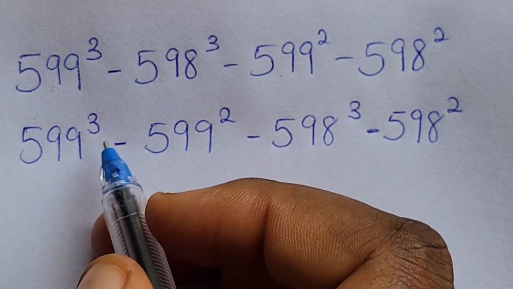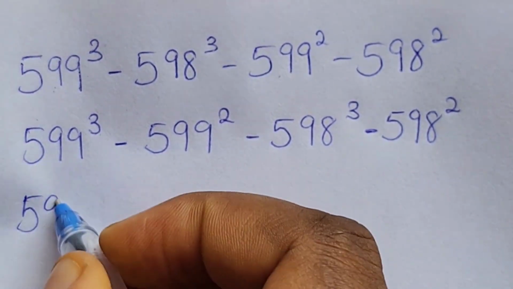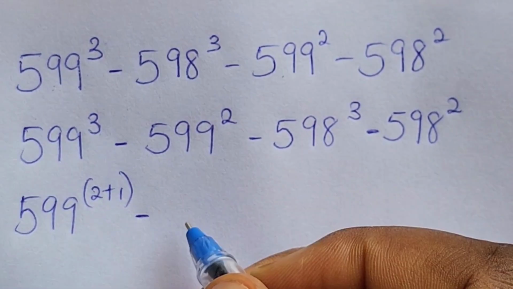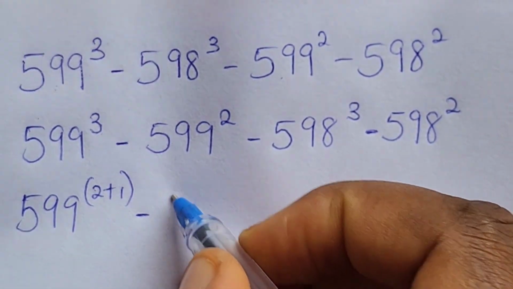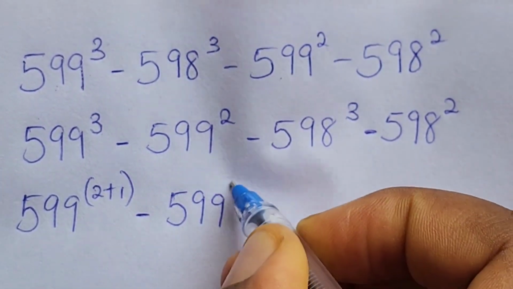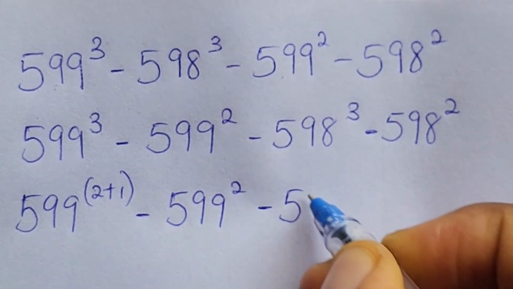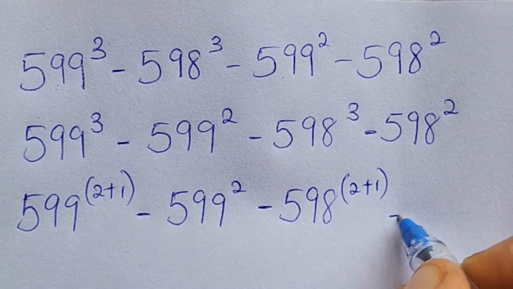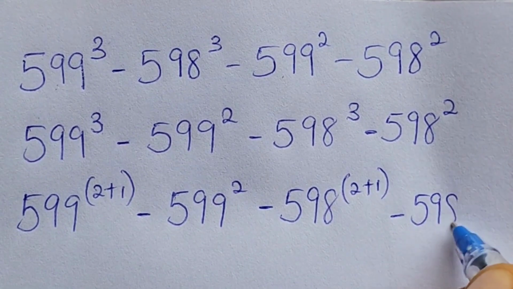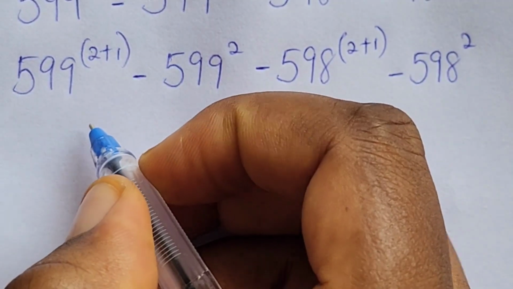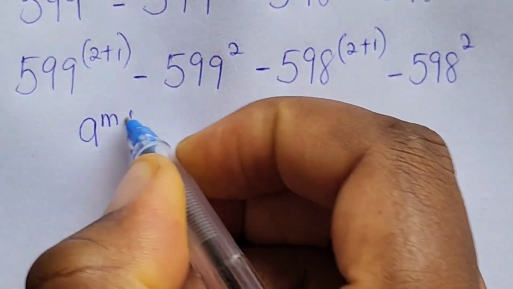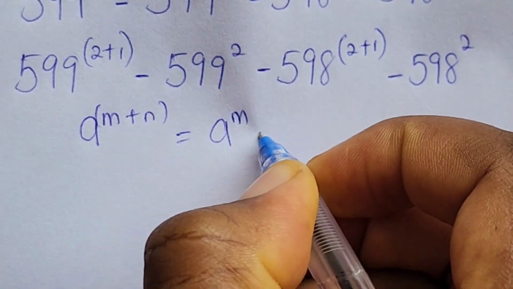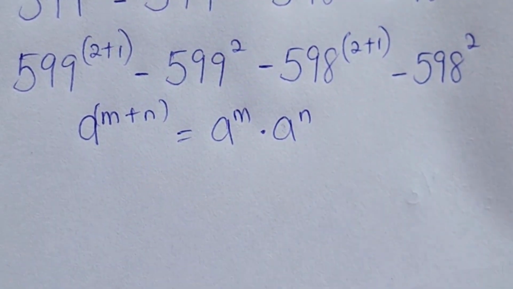So from here we can split these powers to have 599 to the power of 3, which is 2 plus 1, minus 599 to the power of 2 minus 598 to the power of 2 plus 1 minus 598 to the power of 2. But when we have a to the power of m plus n, this is equal to a to the power of m times a to the power of n.